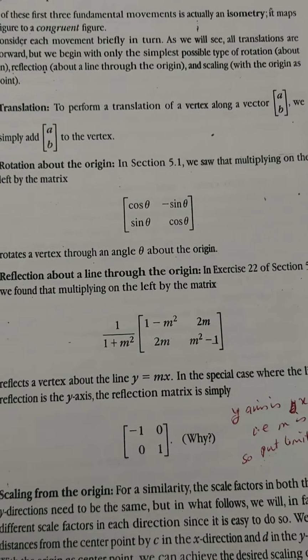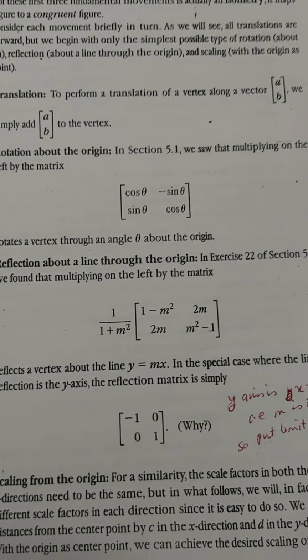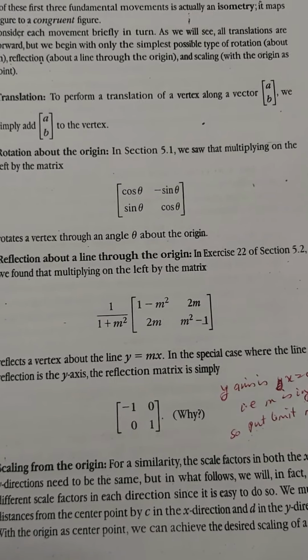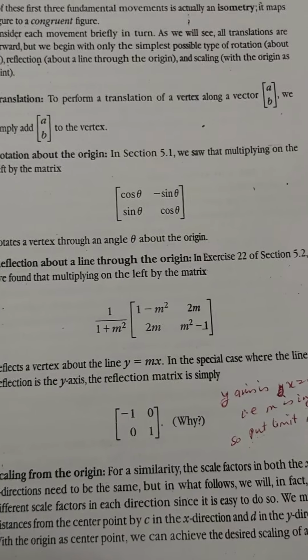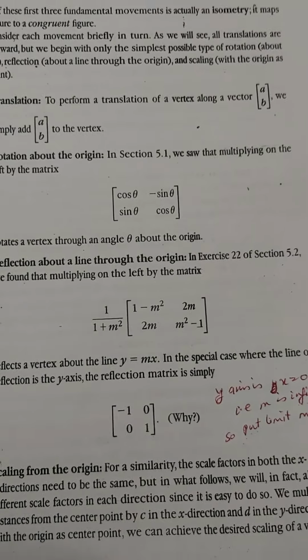Next, for reflection, if we multiply any vector by this matrix, then it will reflect that vector about the line y equal to mx. Clear?